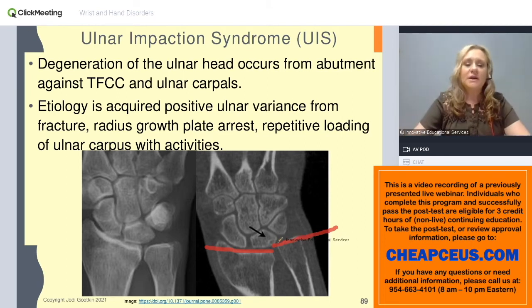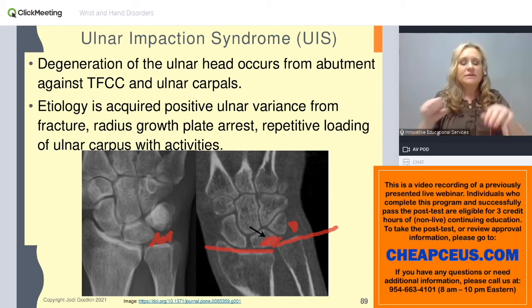And because of that, it's articulating more closely with the lunate instead of having that space between the triquetrum, like on the left, where we should have more space. What happens in this pathology is excessive compression. Why this happens could be for several reasons.